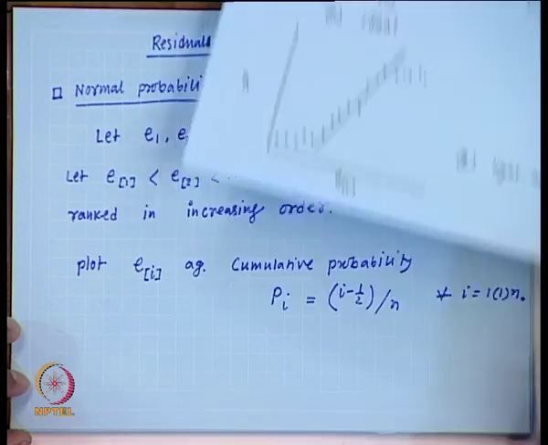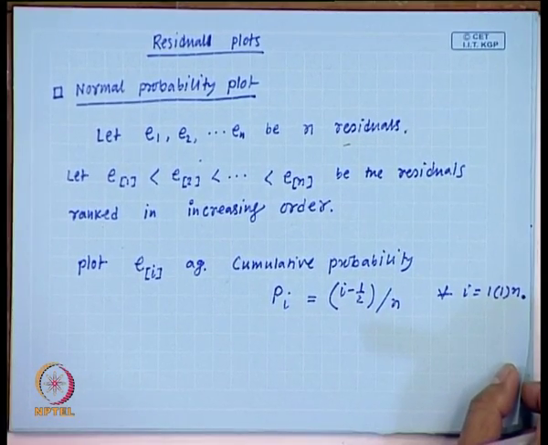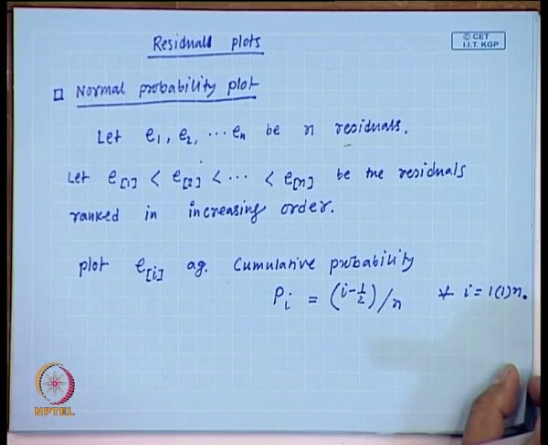Okay. So, this is what we have regarding the normal probability plot of residuals. It basically tests the normality assumption of the error terms epsilon.